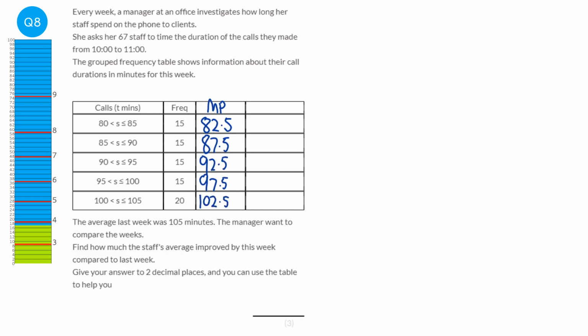Next we need to find the FT, which is just the frequency times the duration of calls.